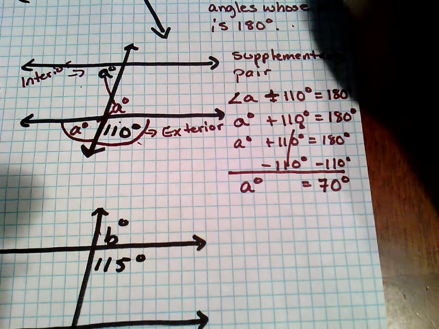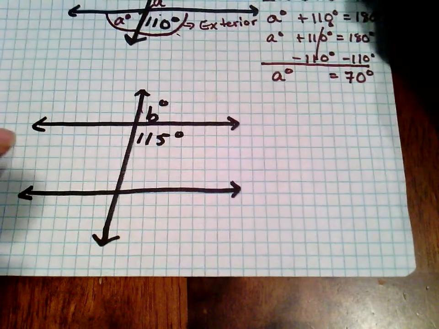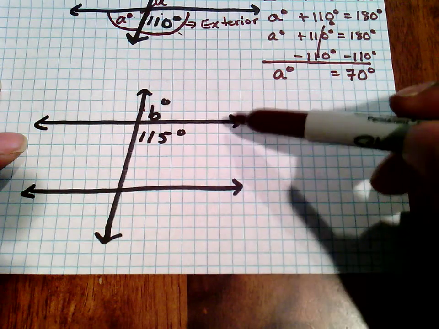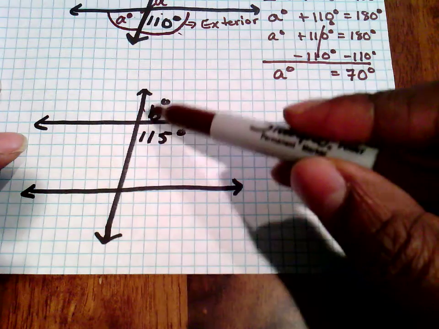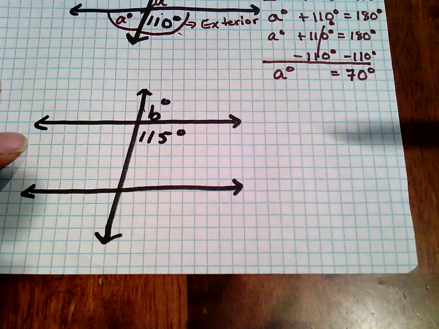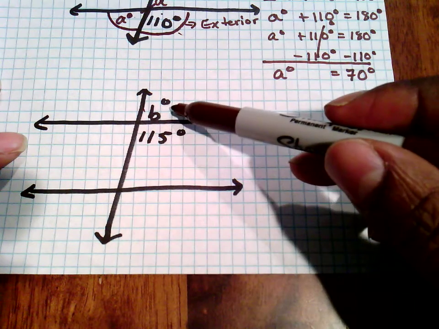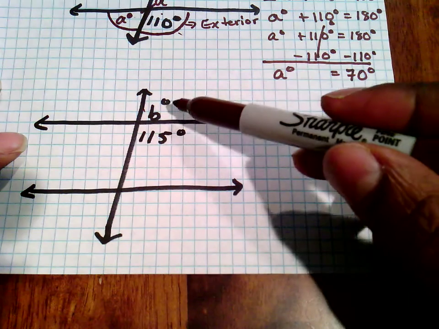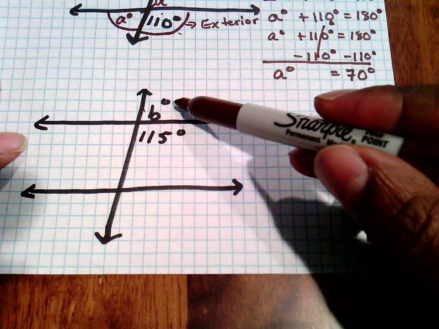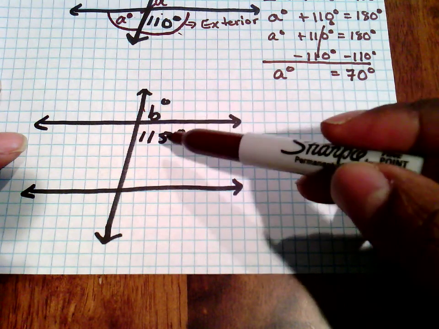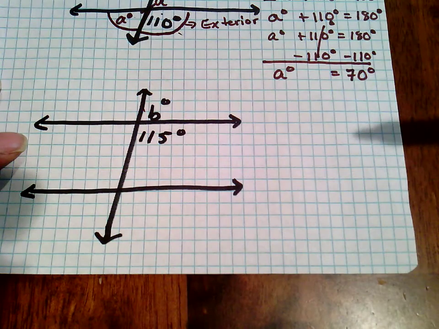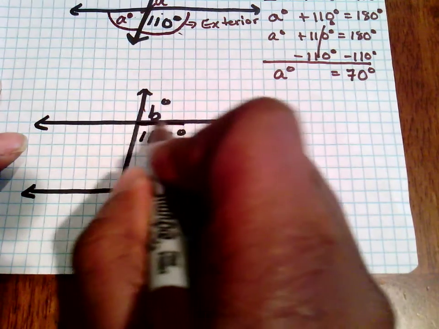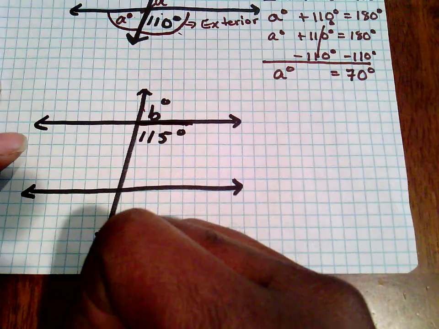All right, now let's take a look at the next problem here. Here we have a set of parallel lines, and this is our transversal. And we notice B and the 115 degree angle. This one is on the outside and this one is inside, but they do have something in common. They both share a side.